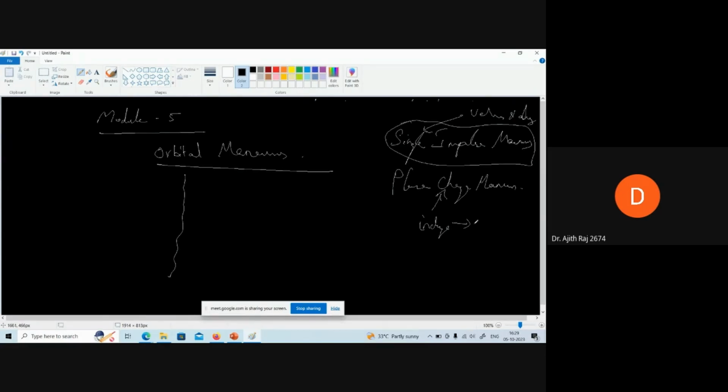Changing this inclination is what we call a plane change maneuver, and increasing or decreasing the speed, as well as the height of the satellite, we call a single impulse maneuver. Right, so these are the basic things. Let us stop with this.